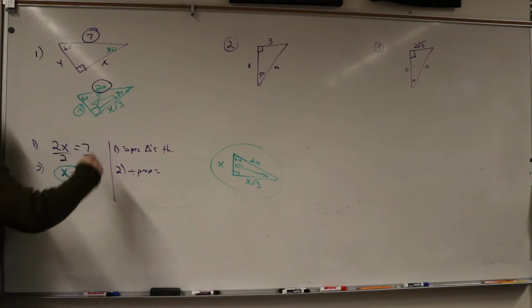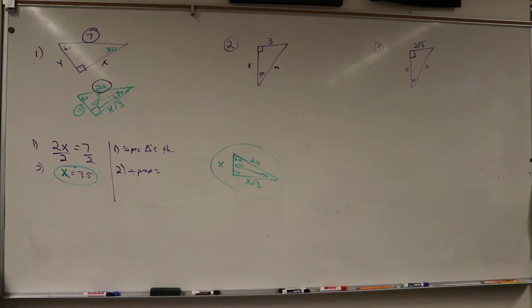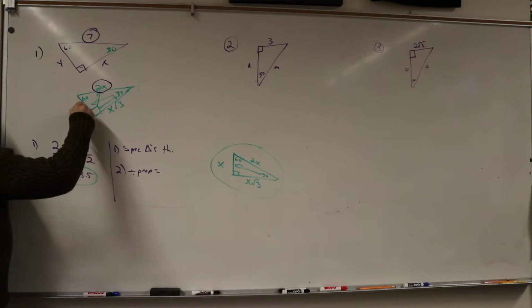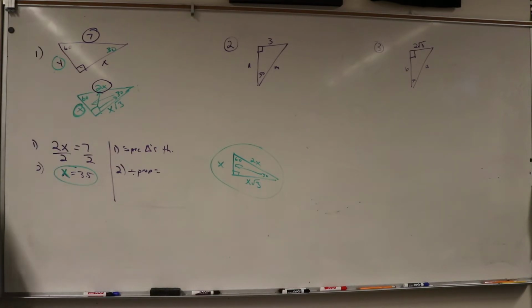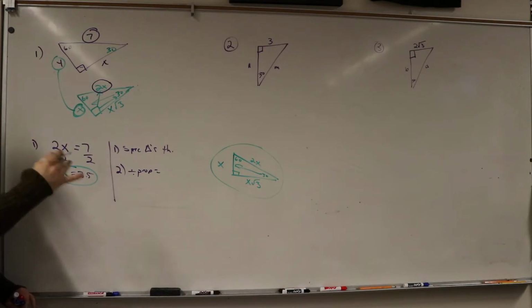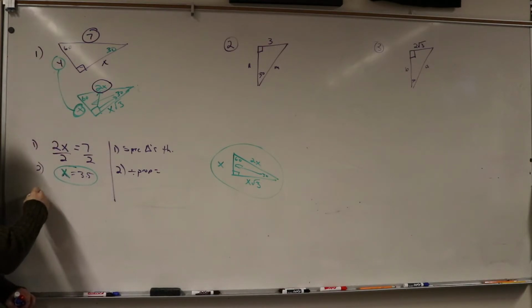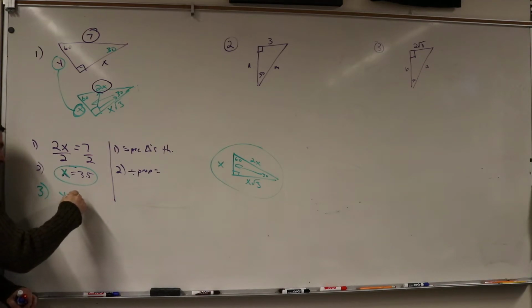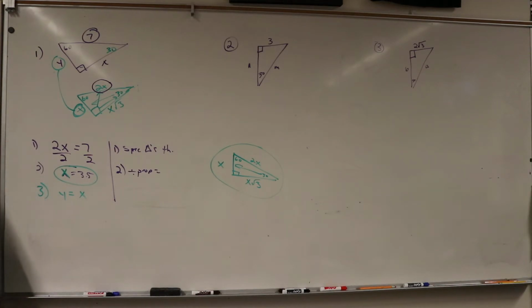This is this. Okay? Make a note of that. Right? And what's cool about that is that this is this, right? So we know that these are the same. So we can say that y is equal to x, the green x.